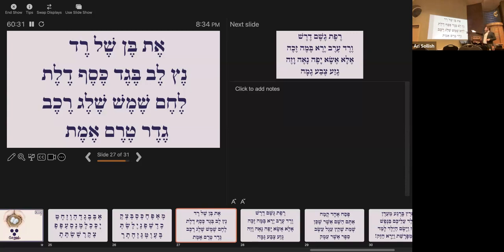This one means sun. Shemesh, shemesh, sun. Next, sheleg, sheleg. It means snow. Next, last one on the line is.